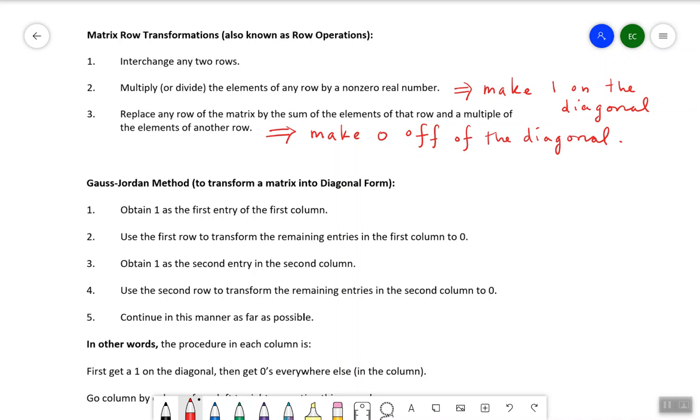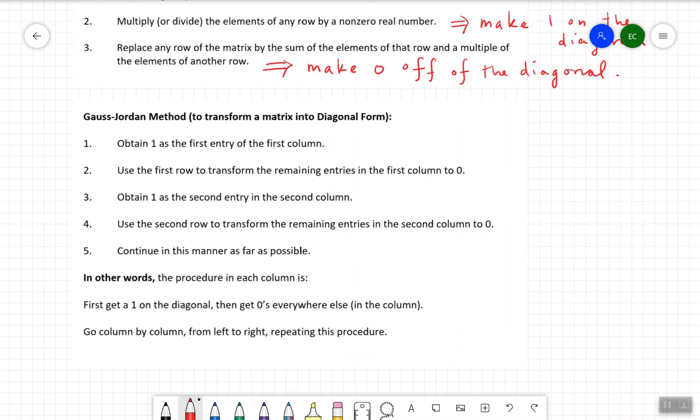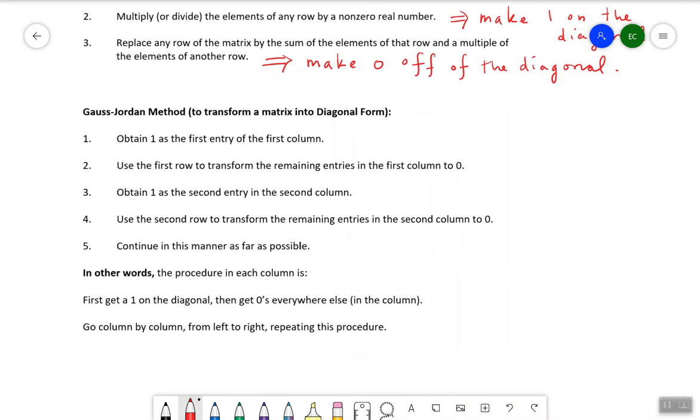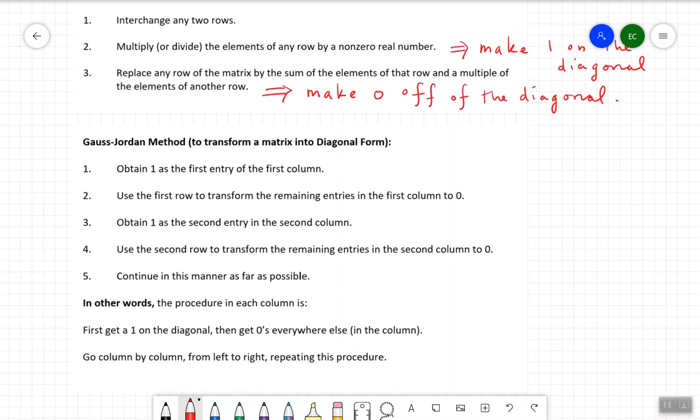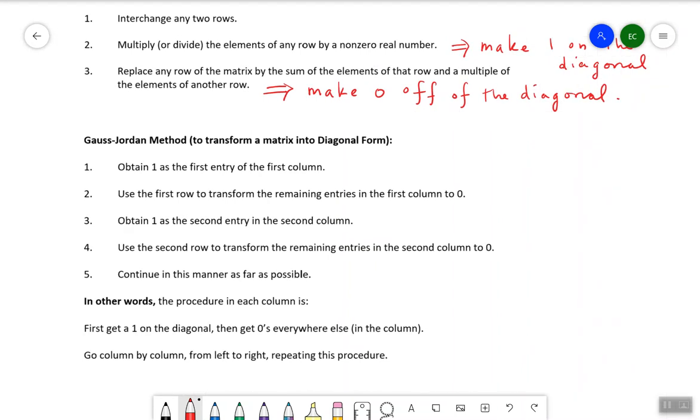And so that's consistent. That's the method we'll use to make 1s and 0s in general. And then what we did, we used these row operations to follow the Gauss-Jordan method to get a 1 as the first entry in the first column, and then to get 0s everywhere else in the first column, and then a 1 as the second entry in the second column, and then 0s everywhere else.